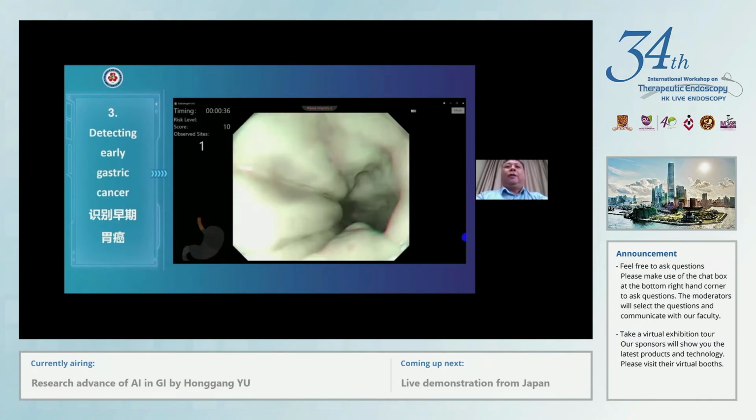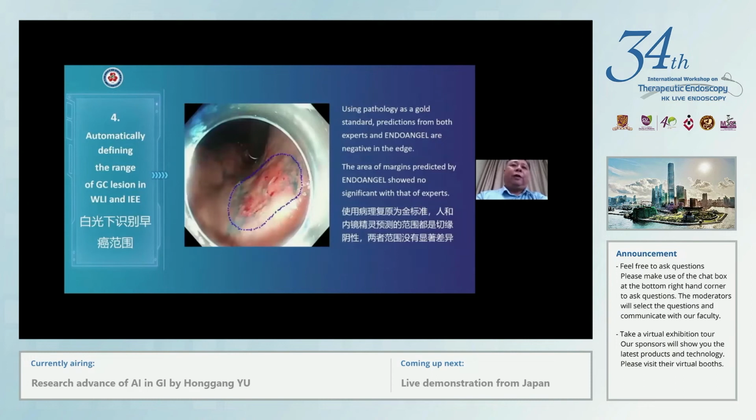After the diagnosis of early gastric cancer, if you want to do ESD, you must mark the margin, and ENDOANGEL can also provide this prediction to novice endoscopists before they do the ESD.